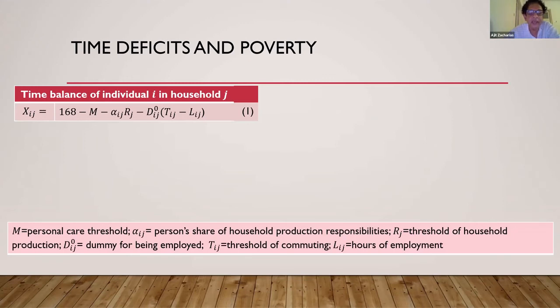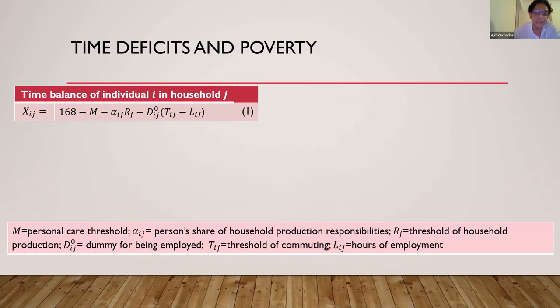And then there is a final term. We have a dummy there for whether you're employed or not. Why? Because only employed people spend time working, that is, engaged in productive or outside employment, income generation activities. That's denoted by the letter Lij, and I think the terms should be reversed there.